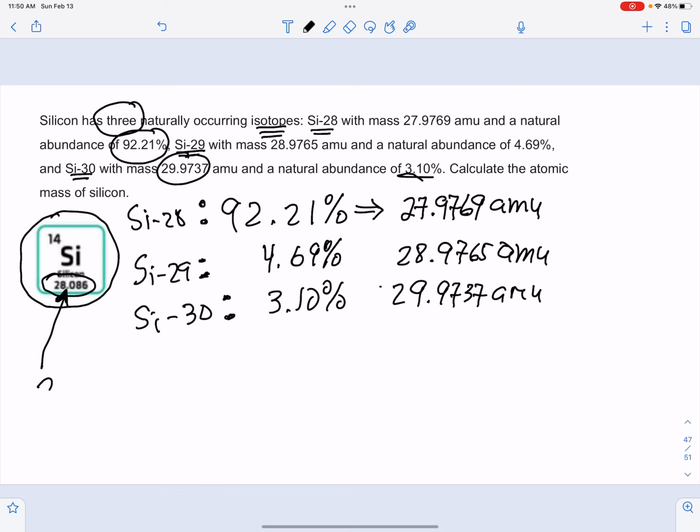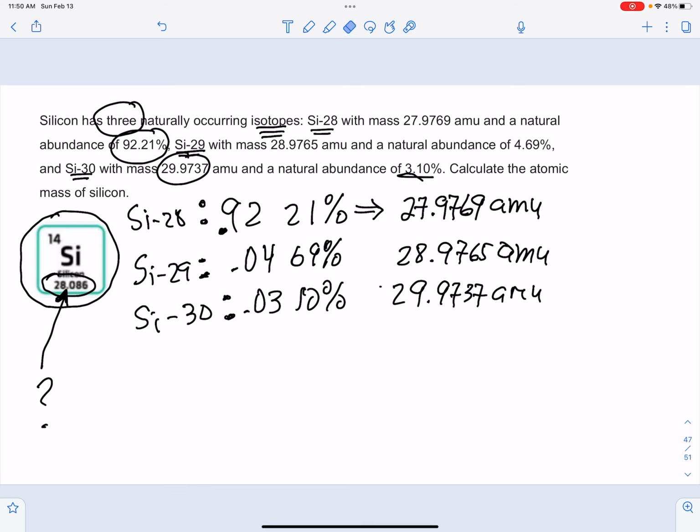So how do we get to this number once more? What we're going to do is take the percentage and change it into a decimal. So this is going to be 0.9221. This is going to be 0.0469. And this is going to be 0.0305.